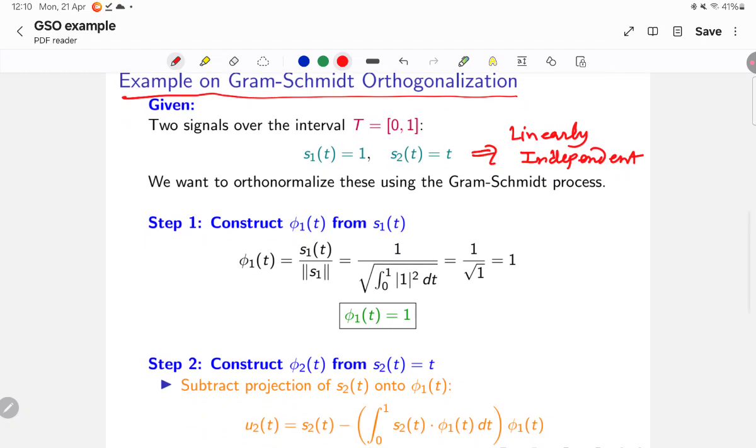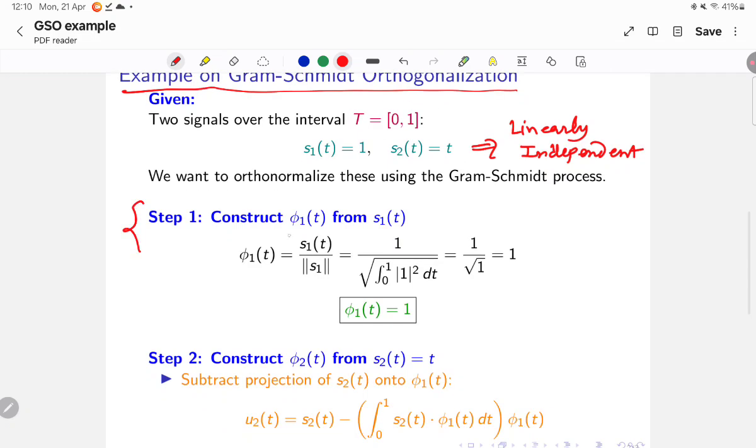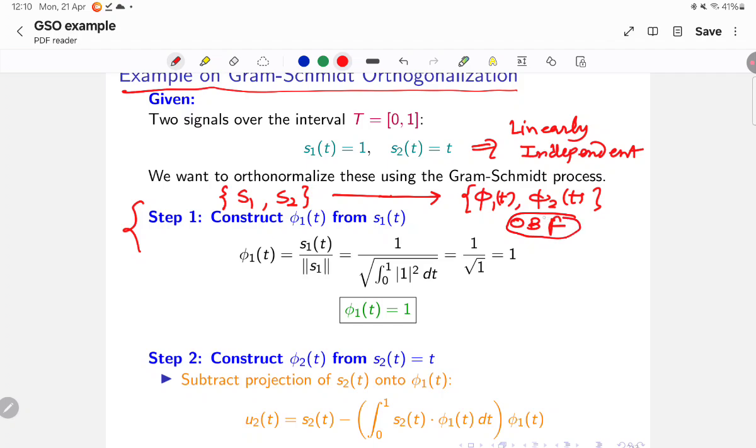So what was the first step? First step was, we have S1 and S2, right? These are linearly independent and we are converting them into phi1 and phi2 of t. These are orthonormal basis functions. OBF means orthonormal basis function.